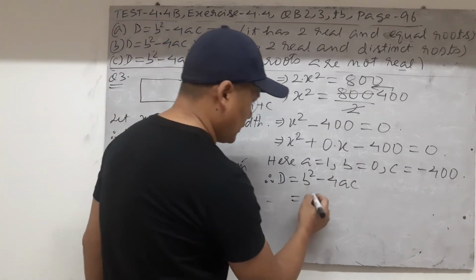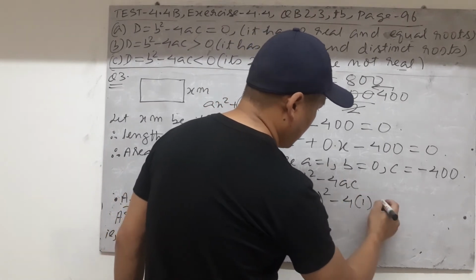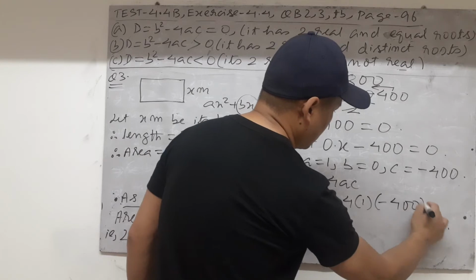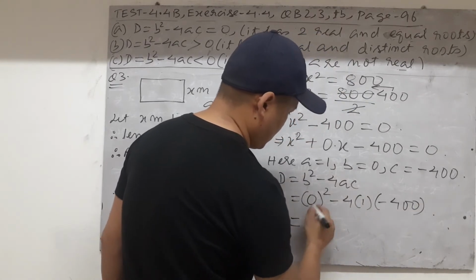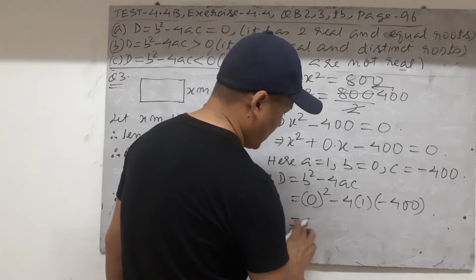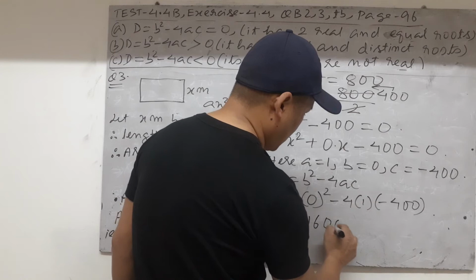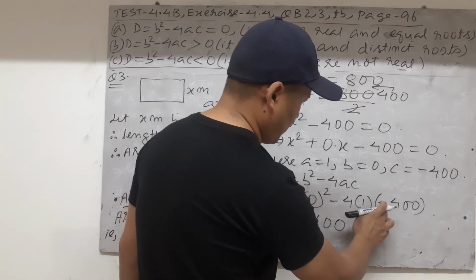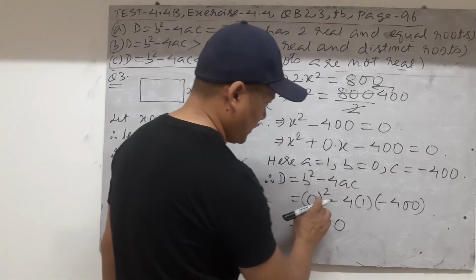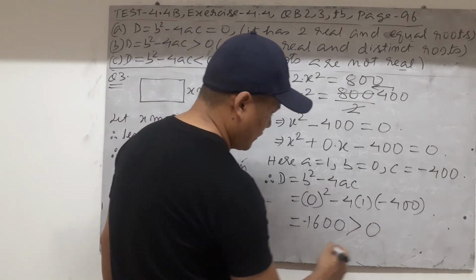So b is 0, so 0 square minus 4 into a, which is 1, into c, which is minus 400. 0 square is 0, so we just leave it, then minus and the minus becomes plus. 4 1s are 4, 4 4s are 1600. So D is 1600, which is greater than 0.